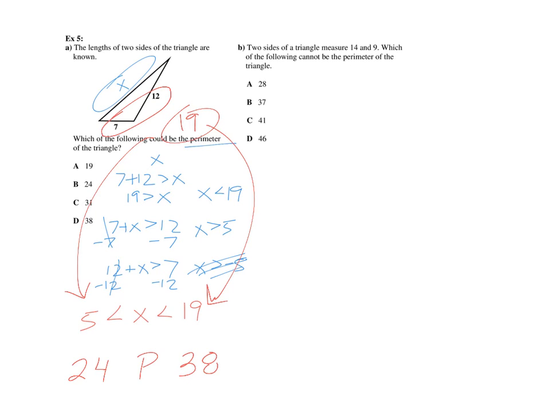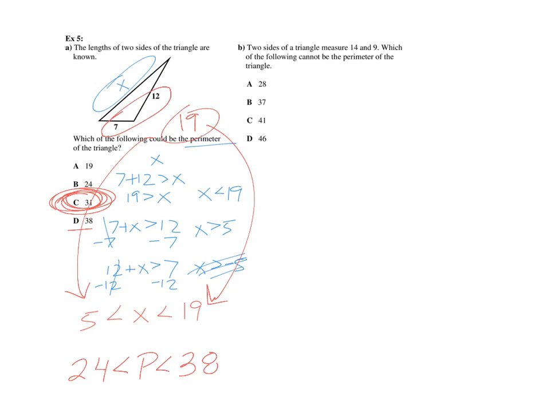So the perimeter could be between these two values, 24 and 38. So what numbers exist between 24 and 38? That would be 31. All right, you don't want to pick 24 because it's not equal to, right? And you don't want to pick 38 because it's not equal to. Watch out for that. It's just 31. Done. All right, and we have B.